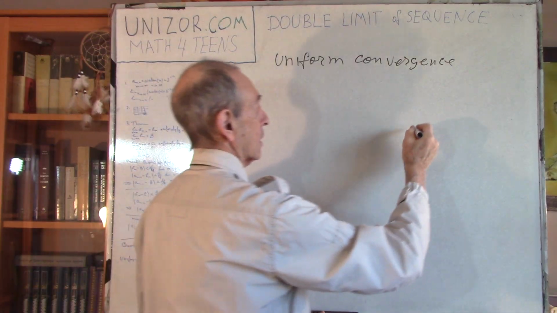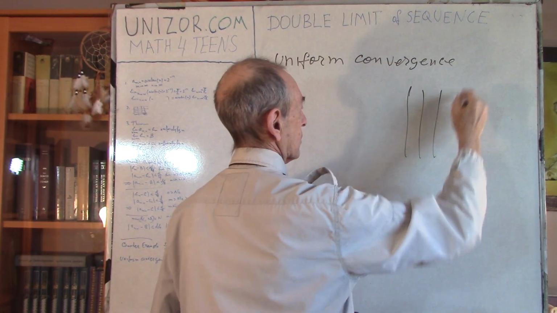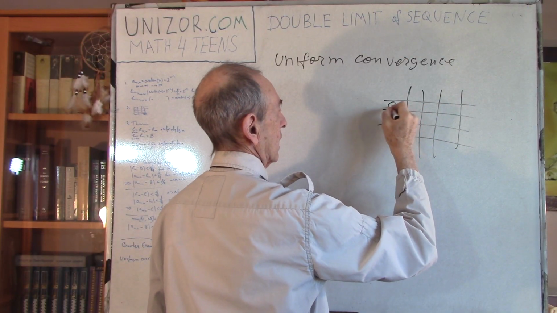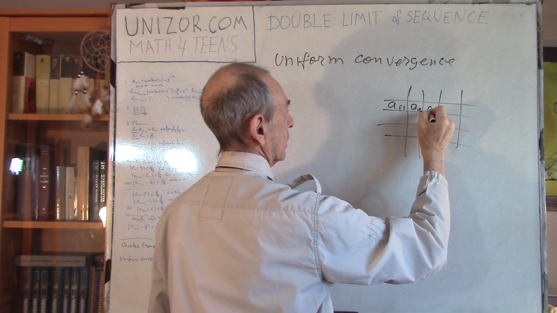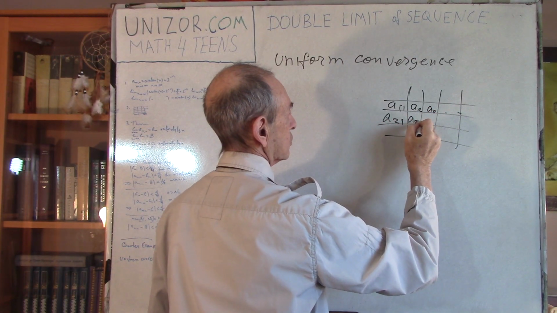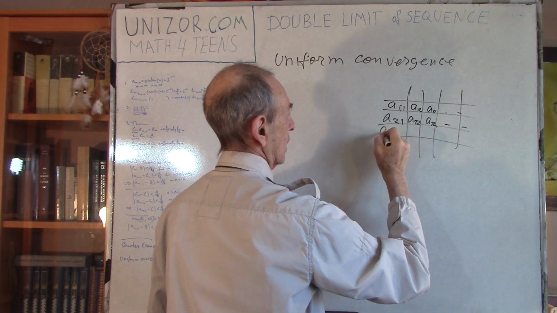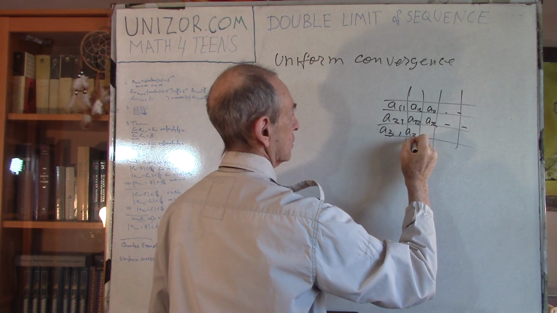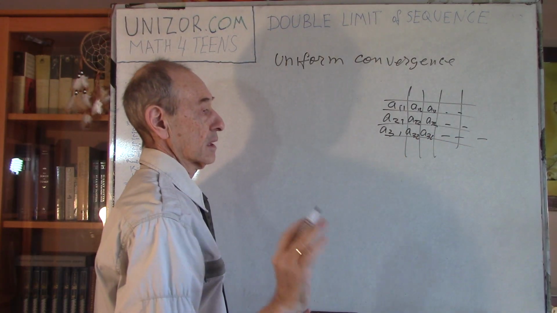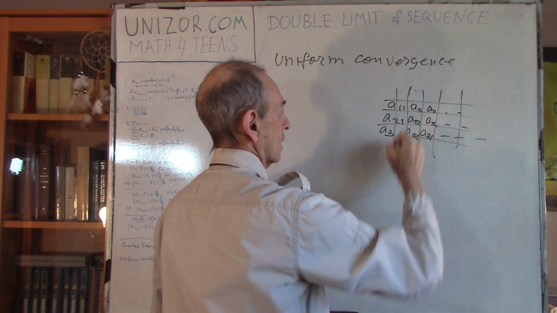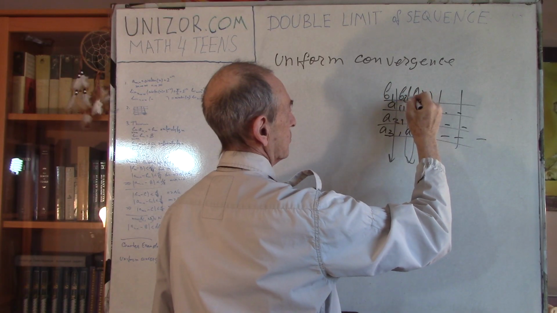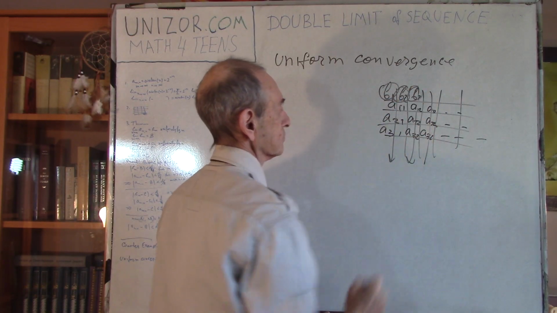In case of our table, for example, remember we were using this table? So these are A11, A12, A13, etc. This is A21, A22, A23, etc. A31, A32, A33, etc. Now, let's consider we are going vertically, and we get B1, B2, B3 as limits.